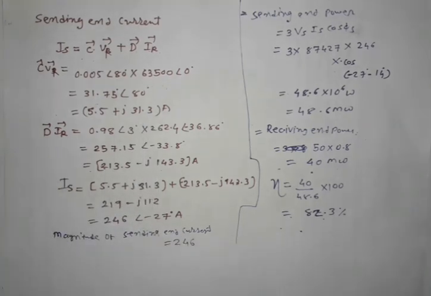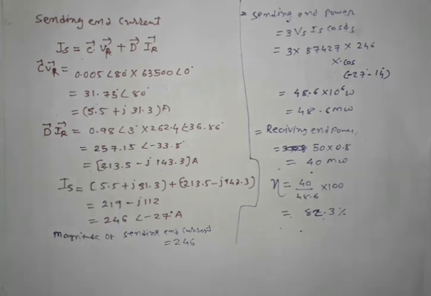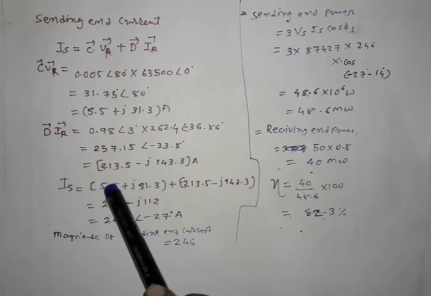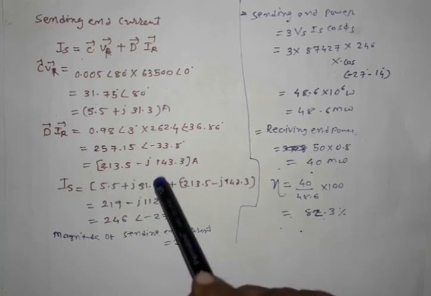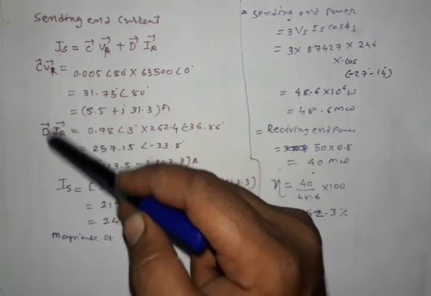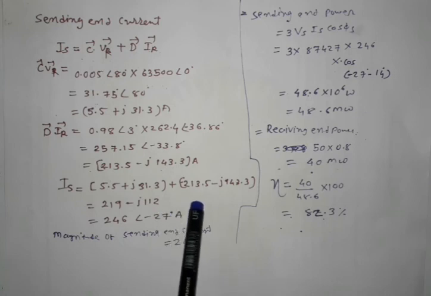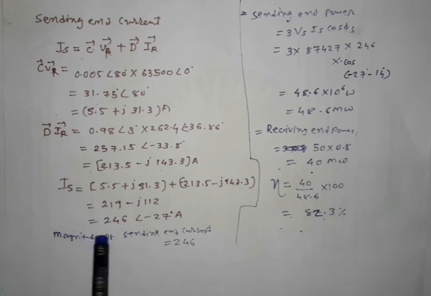Now D IR. The value of D given in data is 0.98 angle 3, into the value of IR, and we get D IR equal to 213.5 minus j 140.3 ampere. Now the sum of C VR and D IR gives the sending end current Is, which is 5.5 plus j 31.3 plus 213.5 minus j 140.3, and we get Is equal to 246 angle minus 27 ampere. 246 is the magnitude of the sending end current.